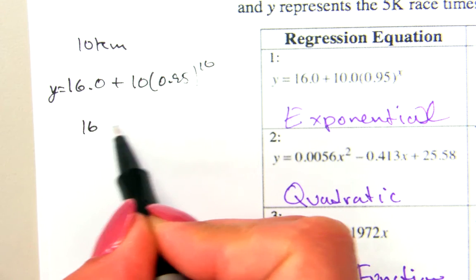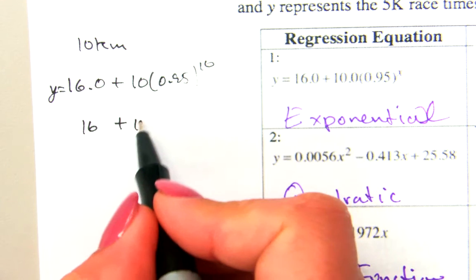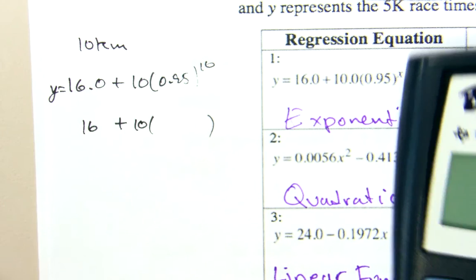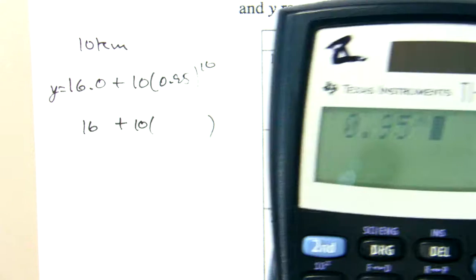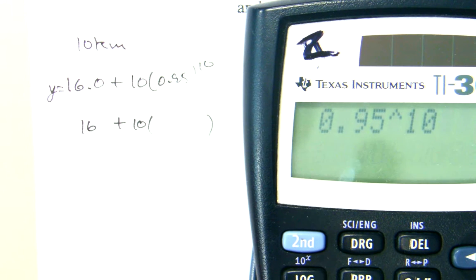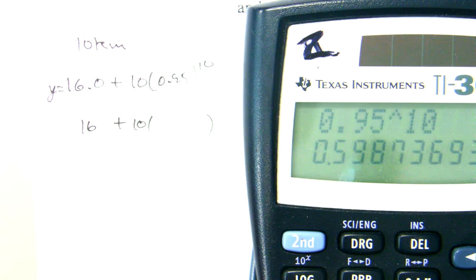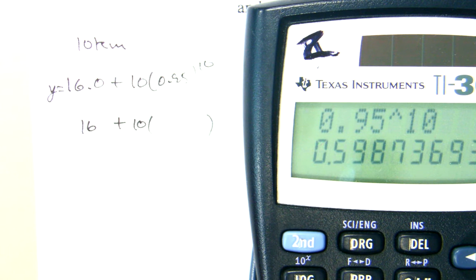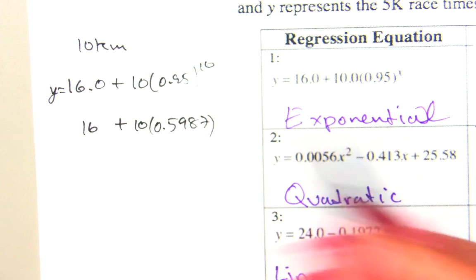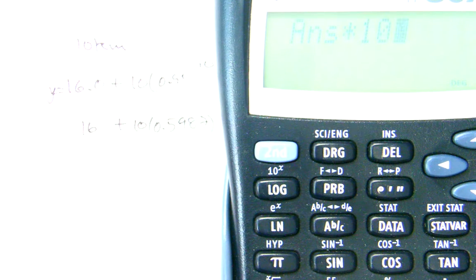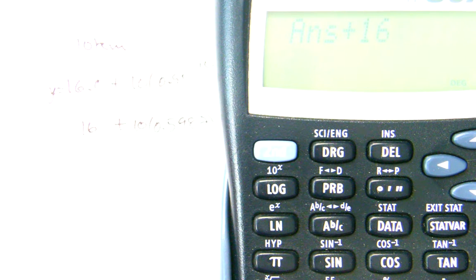So 16 plus 10 times, what's 0.95 to the 10th power? 0.95 to the 10th is going to be 0.5987. Okay, so I'm just going to multiply this by 10, and then I'm going to add 16 to it.